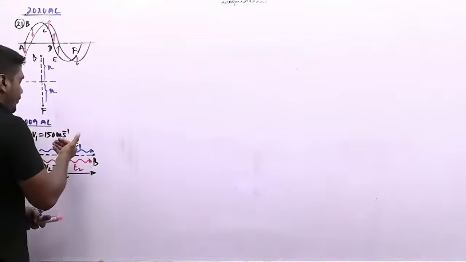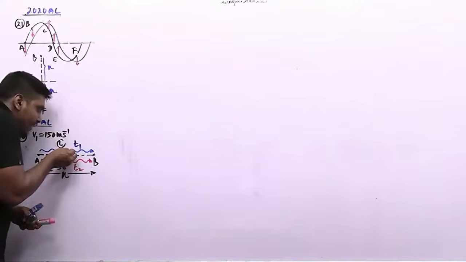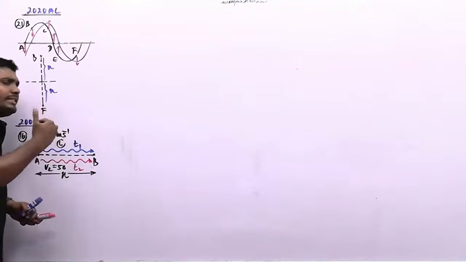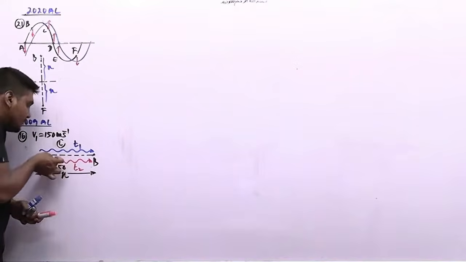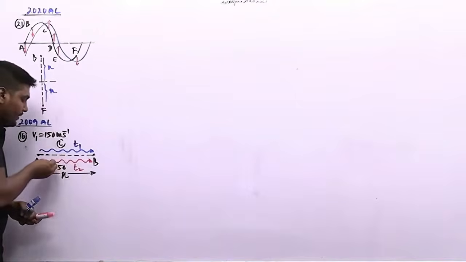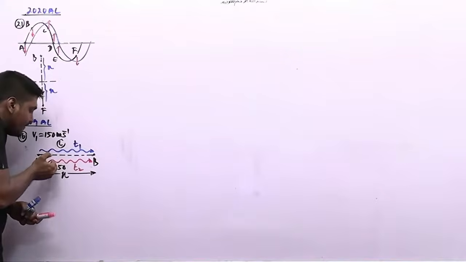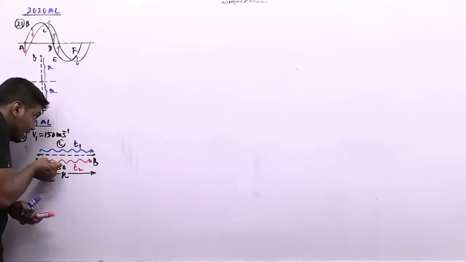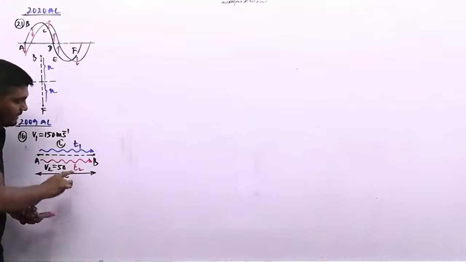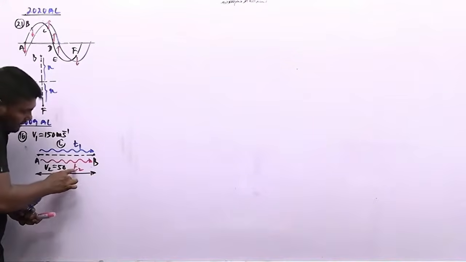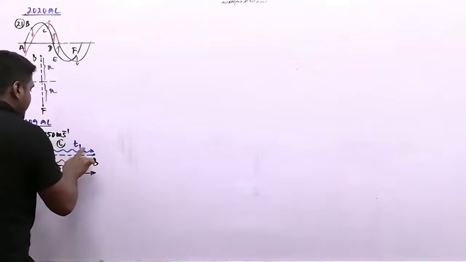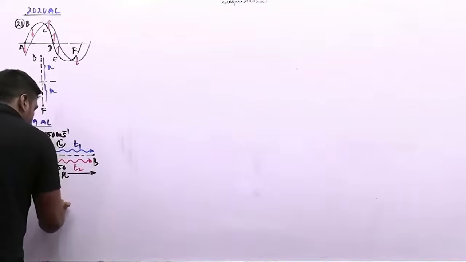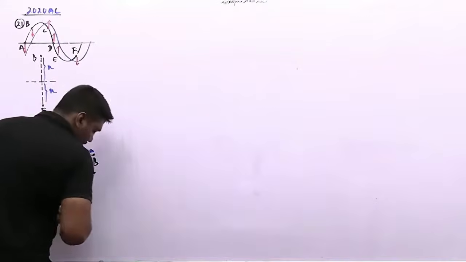Out of the longitudinal wave and the transverse wave, who will take more time? Since the speed of the transverse wave is smaller, it will take a larger time to reach point B. Therefore, t2 is larger than t1. Then Δt means t2 minus t1. That is your Δt. Remember that logic.